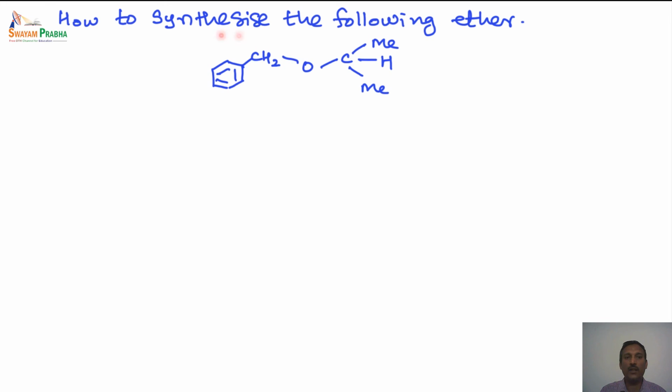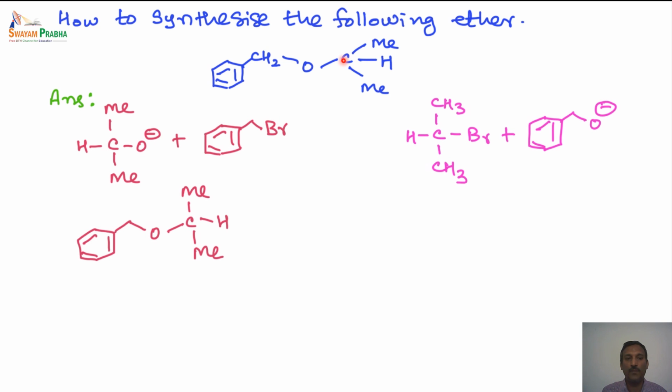This is another example of how to synthesize the following ether, which you have already seen, and we can easily solve this problem. We have a benzyl unit here, and we have a secondary carbon present here. So there are two ways we can make it. One is this particular alcohol moiety and the benzyl bromide.